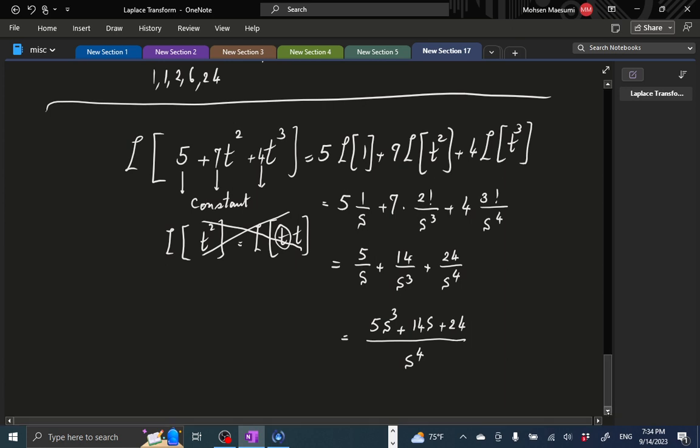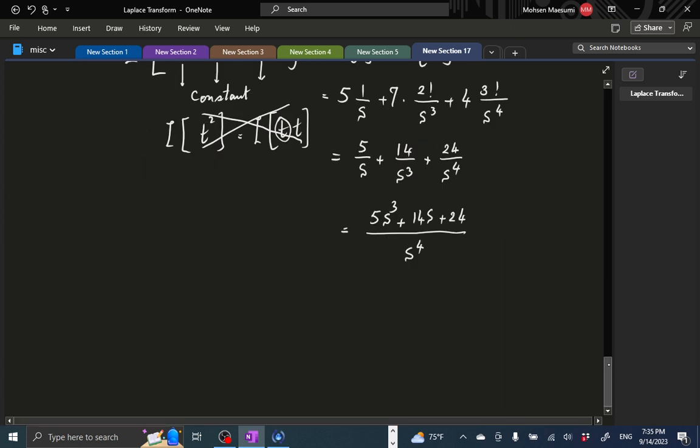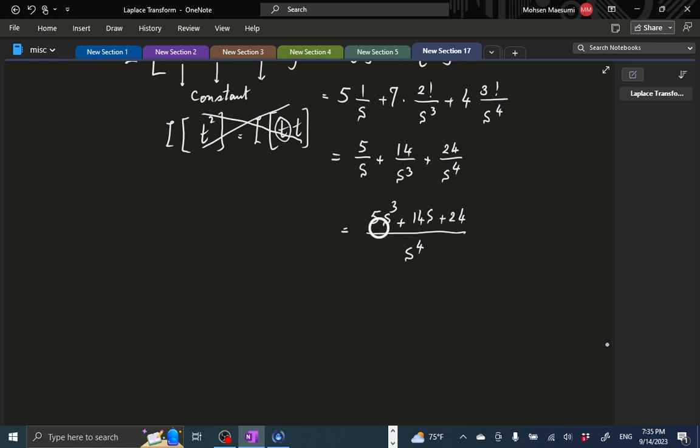Why did I take a common denominator? Really, there is no point to it other than saying that if you wanted to find the inverse Laplace transform of this, that is inverse Laplace transform of 5s cubed plus 14s plus 24 over s to the power of 4, the smart thing to do would be to divide term by term. So you have these expressions.